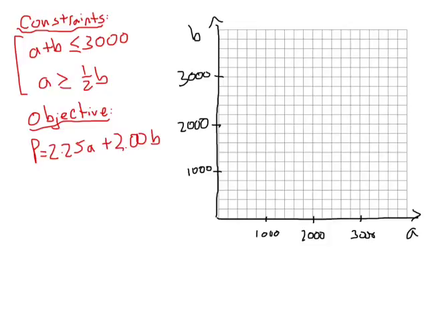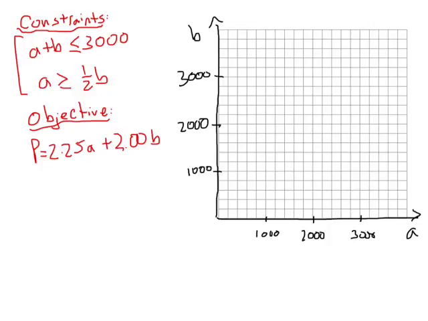So we've set up a little graph here, and let's see what we can come up with. We've got our constraints. A plus B is less than or equal to 3,000. So let's graph the line A plus B equals 3,000. We have intercepts of 3,000, 0. So when A, well, let's call this horizontal axis our A axis, vertical axis our B axis. So when A is 3,000, B is 0.